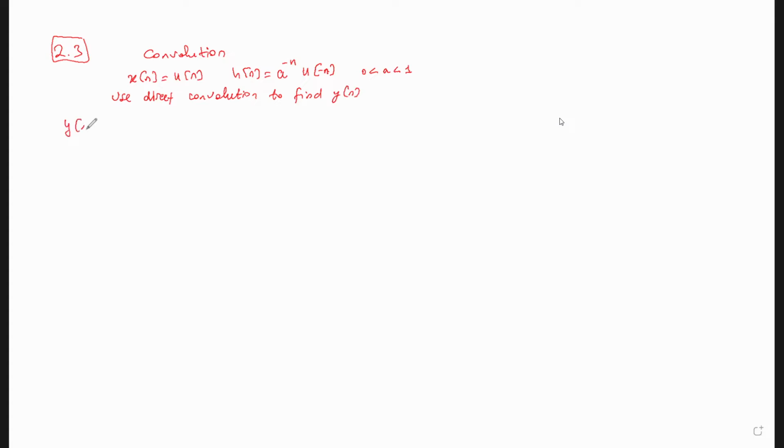y of n is equal to the summation for k from minus infinity to plus infinity of x of k h of n minus k, or x of n minus k h of k. Now, let's see the sequences first.